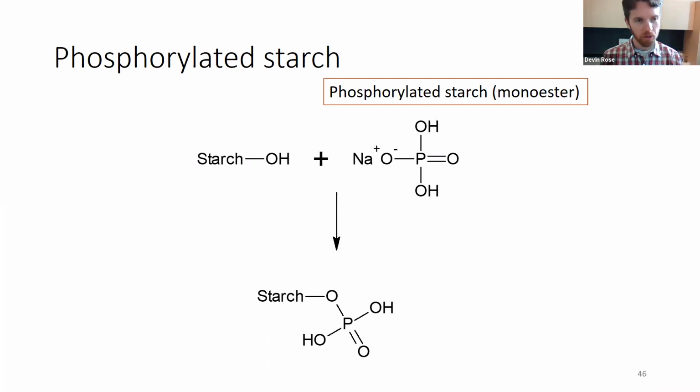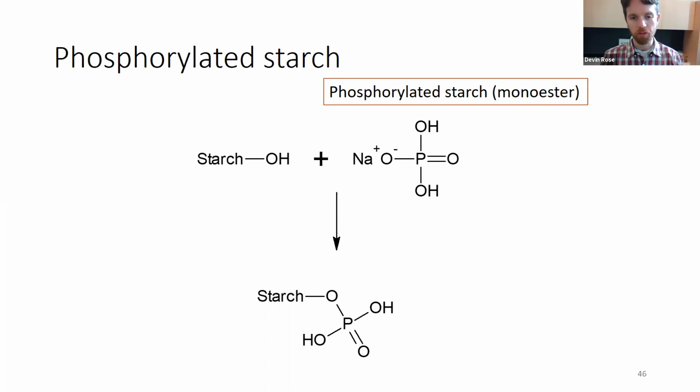Just like all of them, we're going to have clarity of the gel. We're going to have improved stability. Okay, so a lot of these properties are similar to acetylated starch. So this is why this starch is also called a stabilized starch. They would have similar functional uses to what I mentioned for acetylated starches.